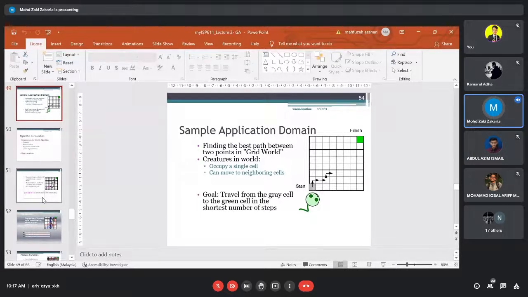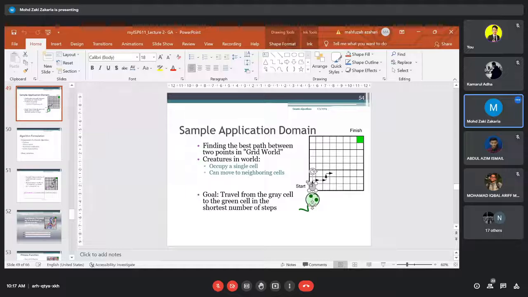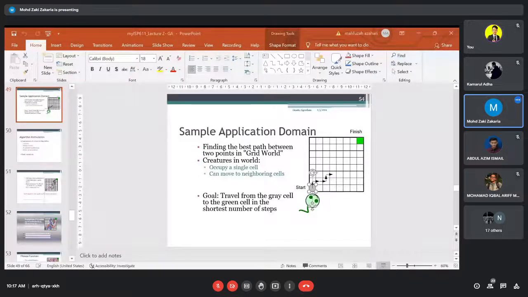Okay, consider this what we call a simple application. For example, we have a starting point here. Then our goal at this point.